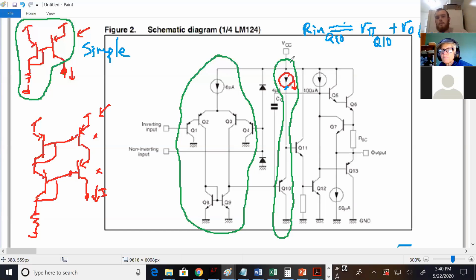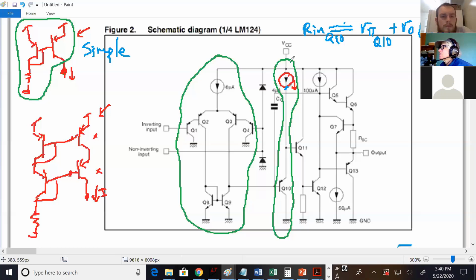Are we not paying attention to the branch that Q11 is on right now? Is that like what we did last time? We're just ignoring that branch as well? No, that's the next stage. Oh, okay. Because I'm not seeing the current of that current mirror go down that same branch. What you would do with this is you calculate the gain of each stage, and then you find the loading factor between each stage.